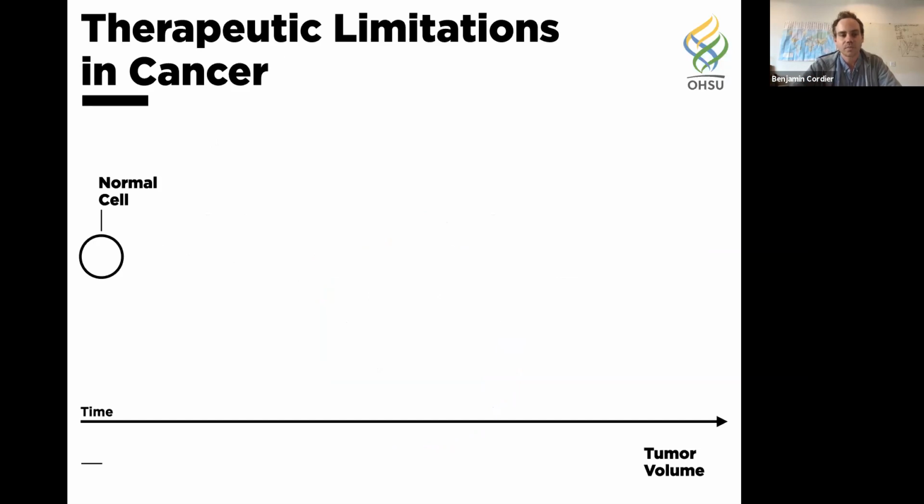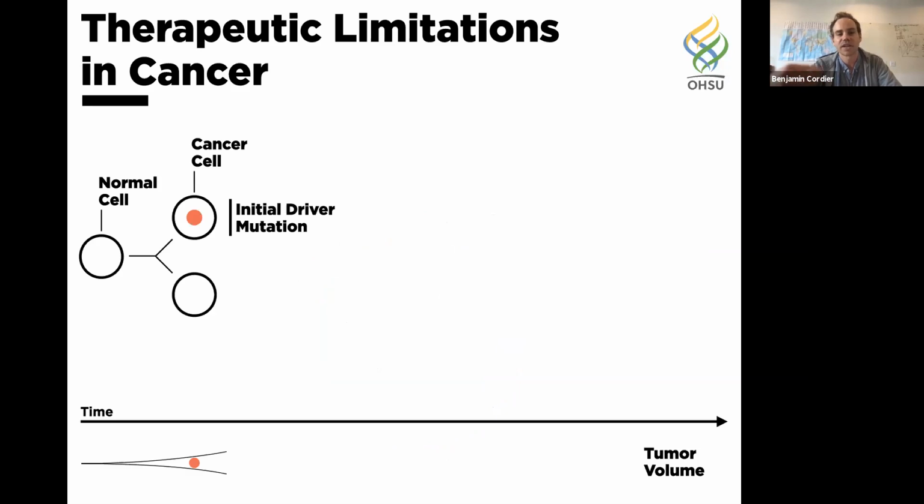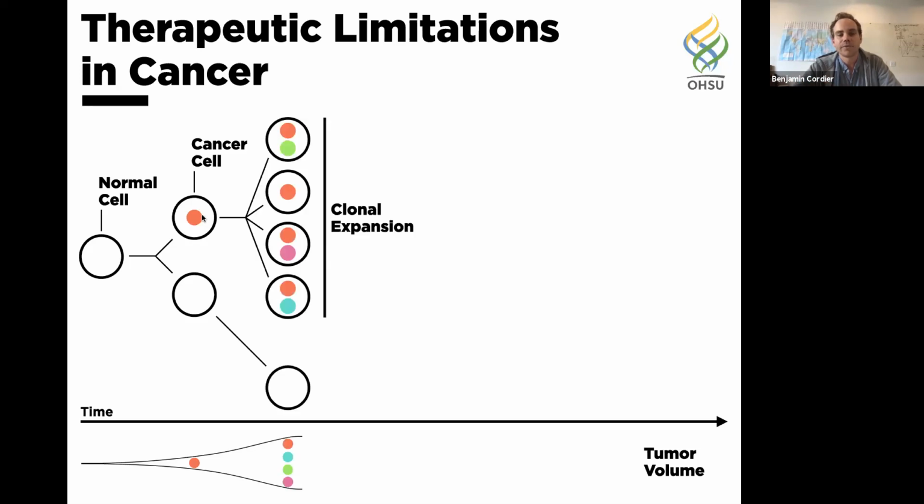So we might start off as a person with a normal cell, and then once a cancer cell appears, this is considered the genesis of the cancer. You have this initial driver mutation right here. Following that initial mutation, this introduces genomic instability, and we have what's called a clonal expansion. These are new mutations that get picked up. And so you see this fragmenting of the initial cell into multiple clonal populations.